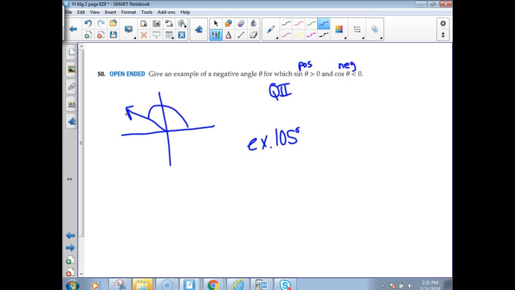So that's why it's quadrant 2. Here, they'd both be negative. And here, the cosine is positive and the sine's negative. So it has to be quadrant 2. Now, any angle that you can tell me that's between 180 and 90 would be a satisfactory answer. That can literally be 179.9.